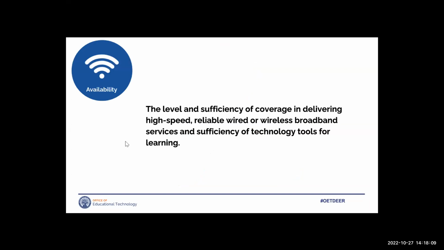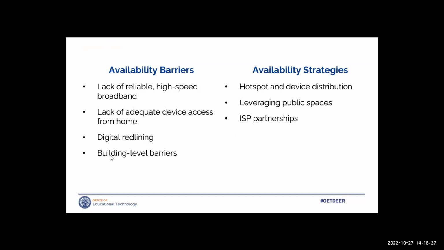So we'll start by talking about availability, barriers, and strategies. Availability refers to the level and sufficiency of coverage and delivering high-speed, reliable, wired or wireless broadband services, and the sufficiency of technology tools for learning.